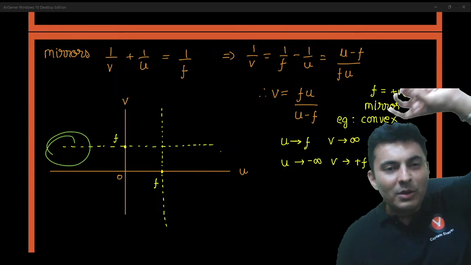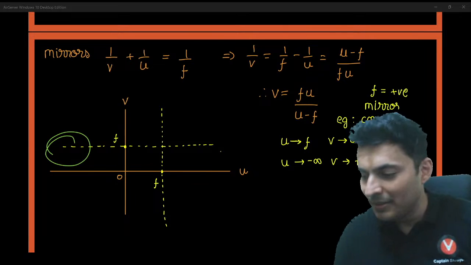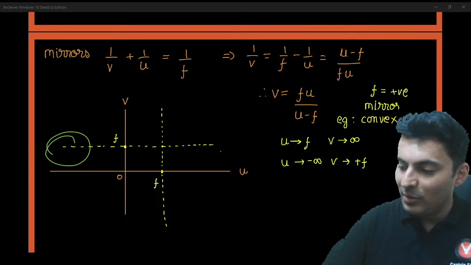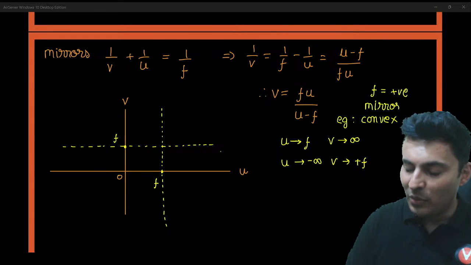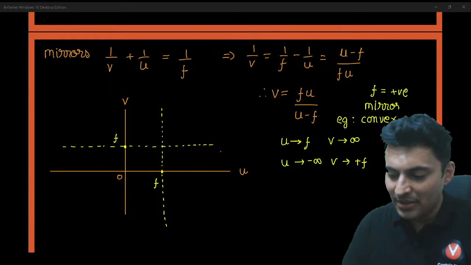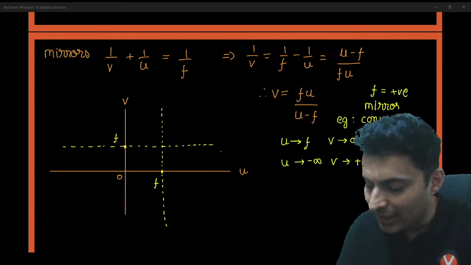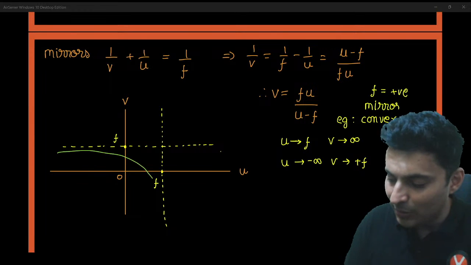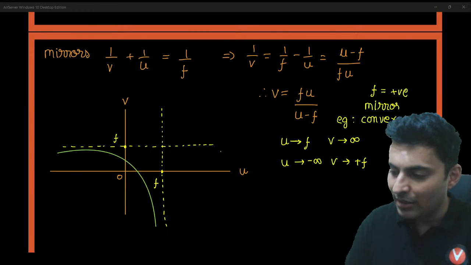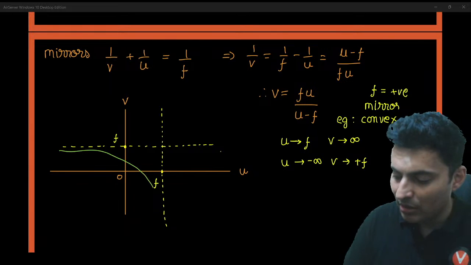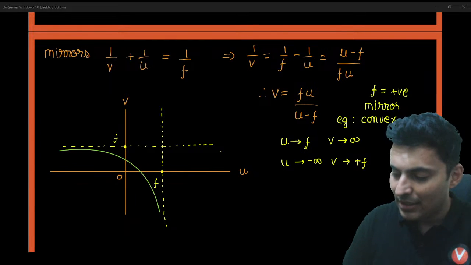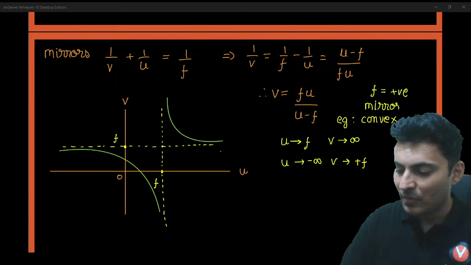The image is going to be formed at the focal point, and the focal point is positive. Great. So I think the graph will go somewhat like this. Curved lines like this. And then again it will come from the top and go like this.